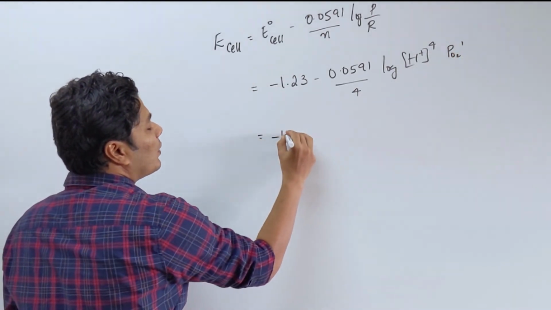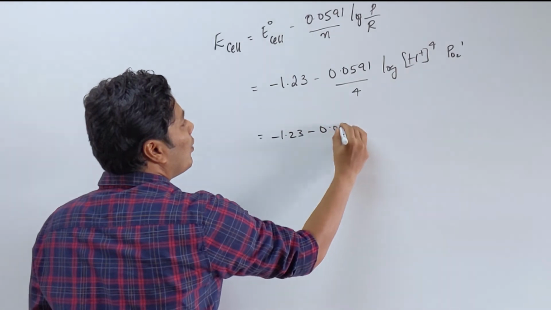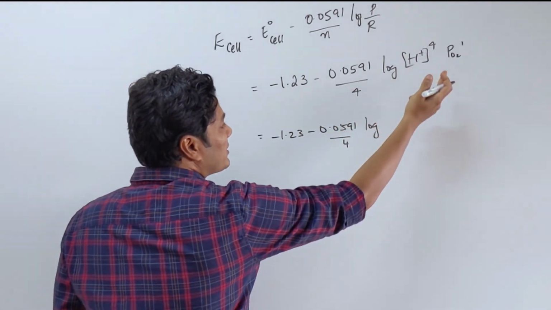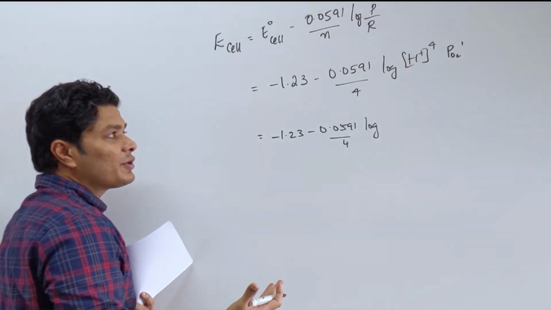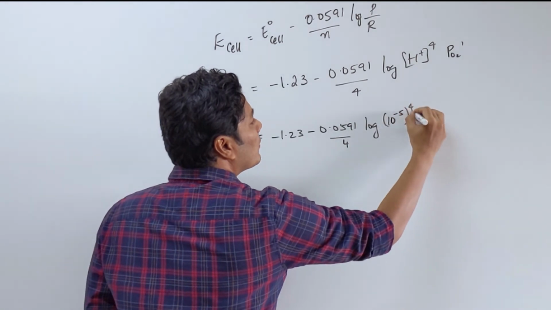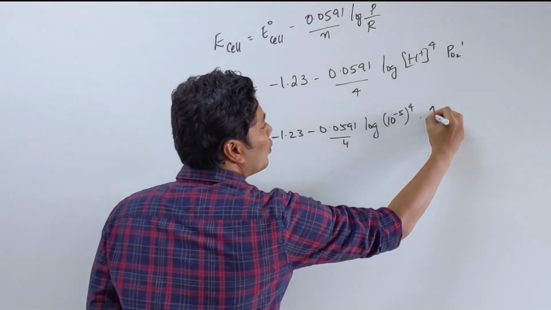This is going to be minus 1.23 minus 0.0591 by 4 log of H plus is, pH is 5, H plus is 10 to the power minus 5, 10 power minus 5 to the power 4, this is given as 1.